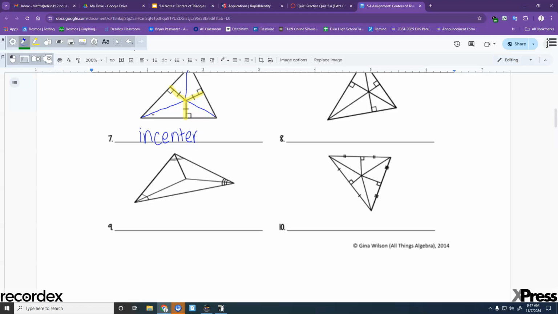What about 8? Orthocenter. Okay. 9, incenter. Those angles are marked. It's the only one they'll have the angles marked. What about 10? Circumcenter.